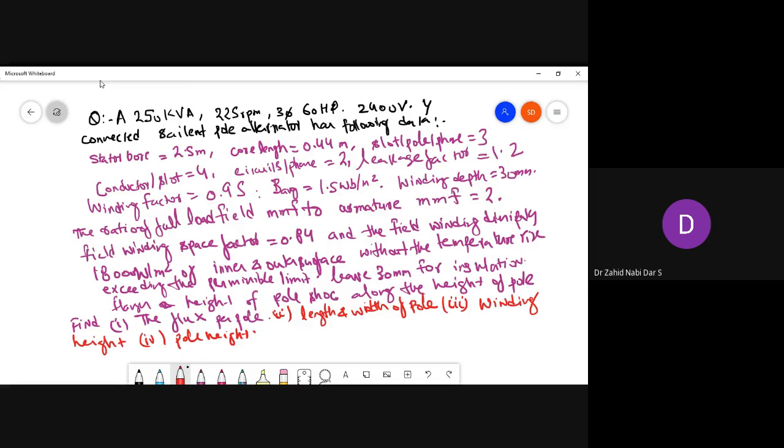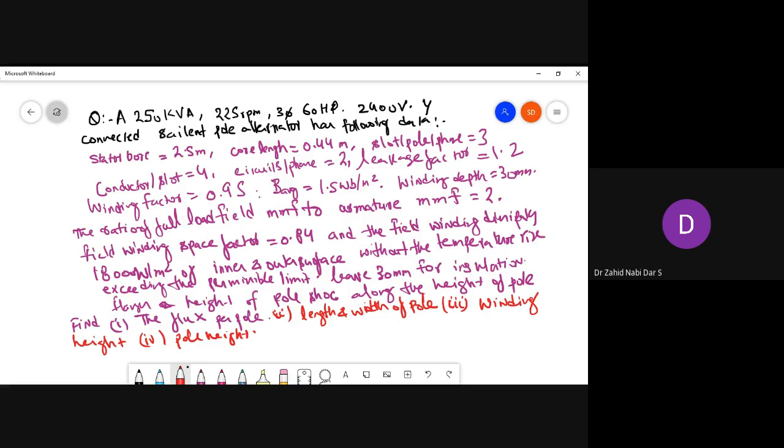The first thing that you have to do is get the flux per pole. In order to get the flux per pole, you can calculate the synchronous speed. How do we calculate synchronous speed? Ns is equal to 2f by p.